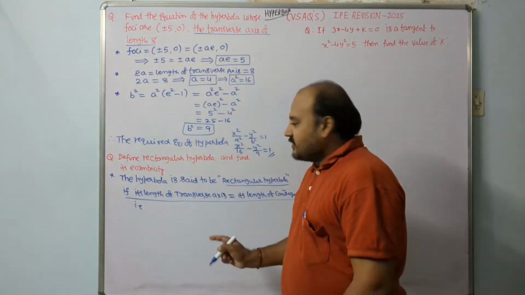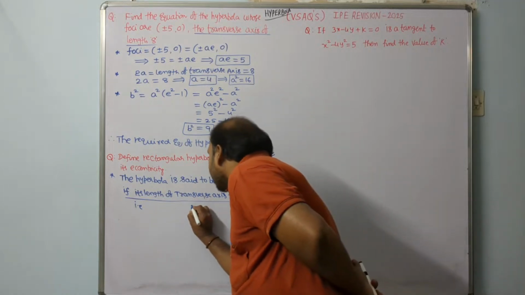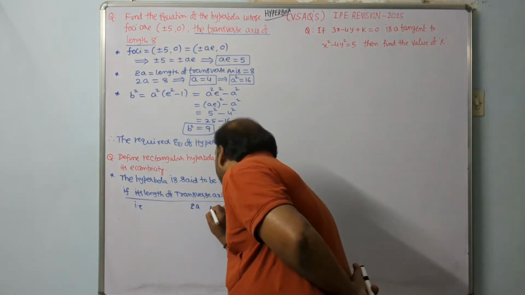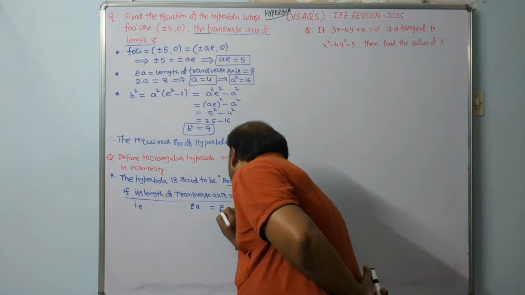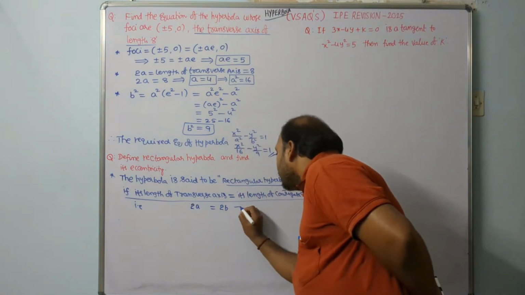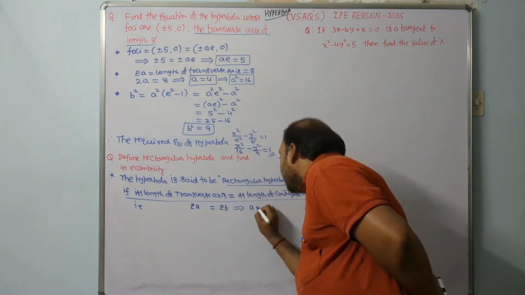This is a very important definition. Okay, dear students. What is the length of transverse axis? 2a. That is equal to the length of conjugate axis, 2b. It implies that a is equal to b only, no?